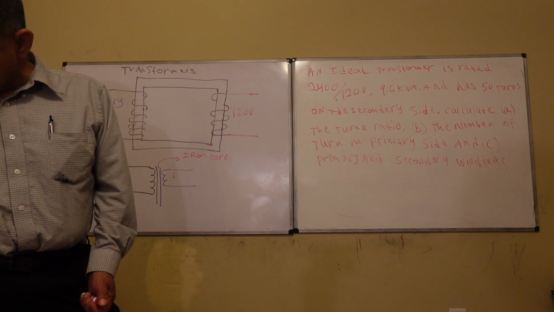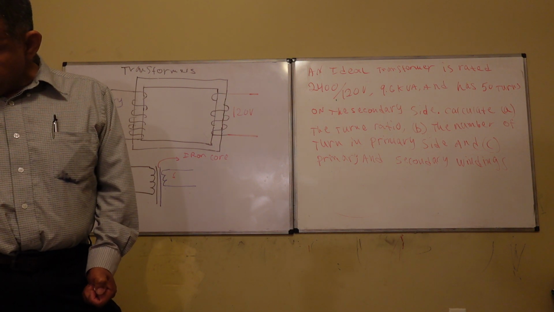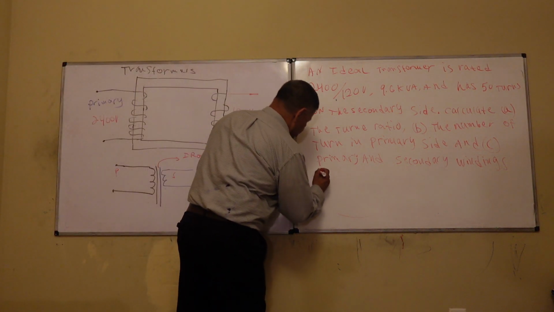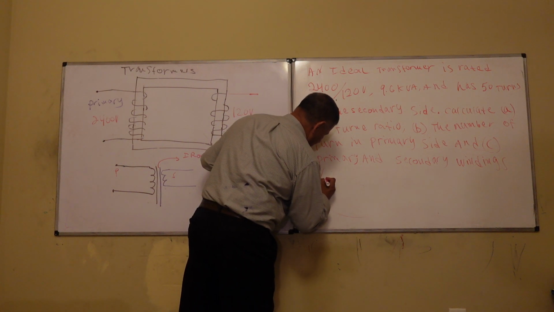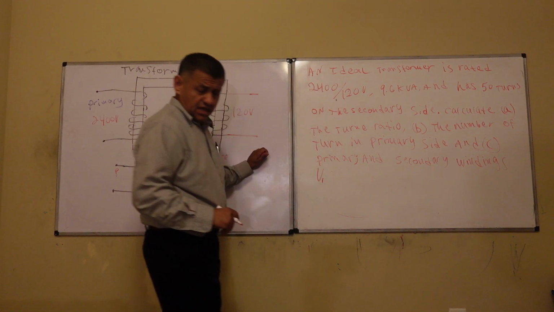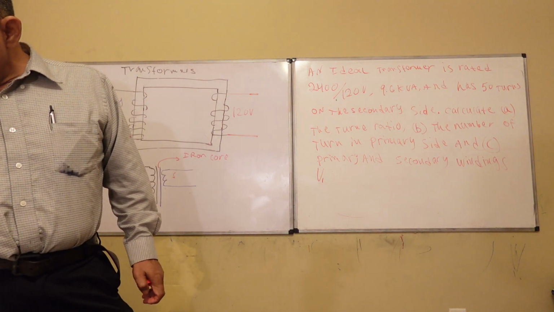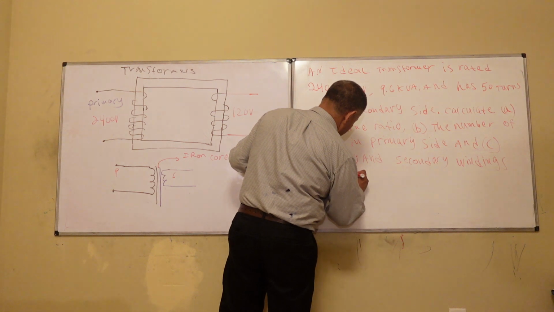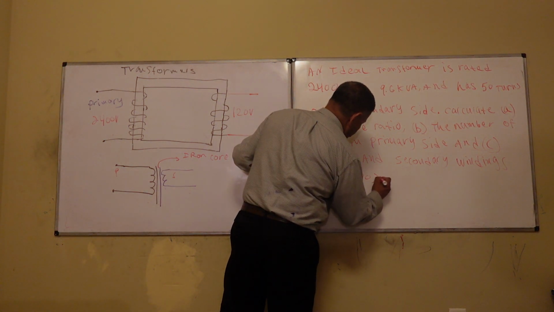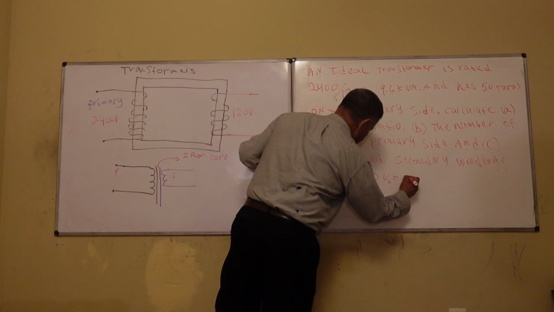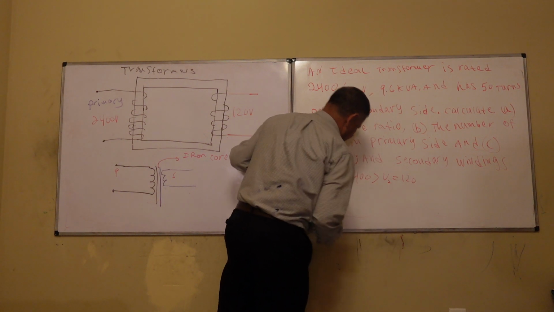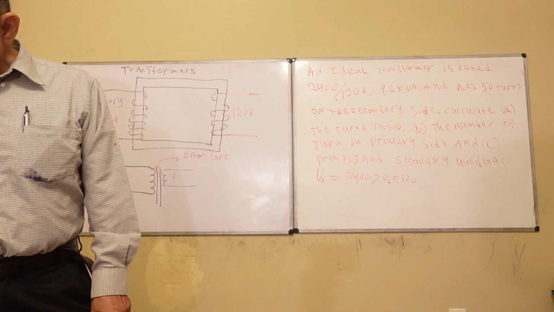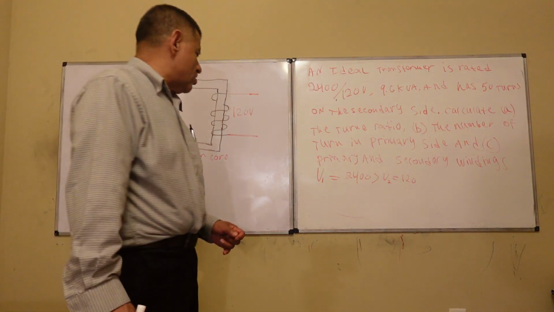We can see that V1 is 2400 volts, which is greater than V2, which is 120 volts. Second step, we do the turn ratio.